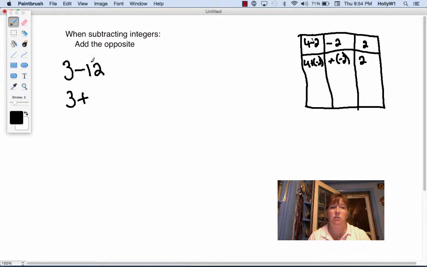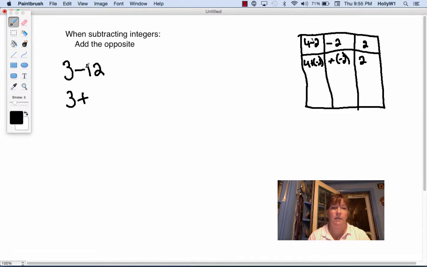And each of these integers has its own sign. And as math is a language, I try to be very, very consistent. So when we talk about our operations, it is subtraction or it is minus. When I talk about whether or not a number is positive or negative, I always say positive or negative. The only time you should ever hear minus a number is when you're talking about temperature. You can also say negative, but that's the only time you should ever hear it.